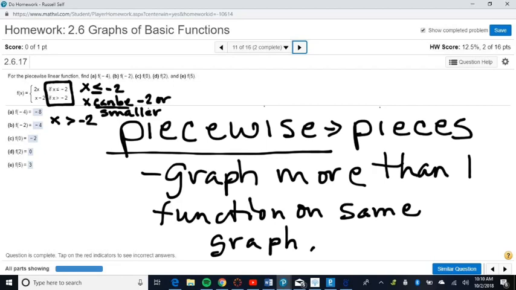That means all of my x's can only be larger than negative 2. They can't be smaller than negative 2, because that says x is bigger than negative 2. Now notice this time there is no line underneath it, so that means that it can't be negative 2.